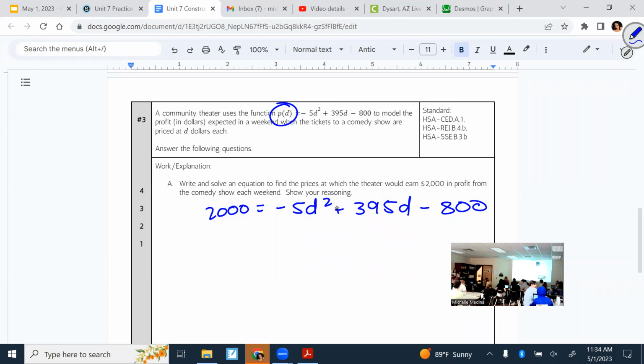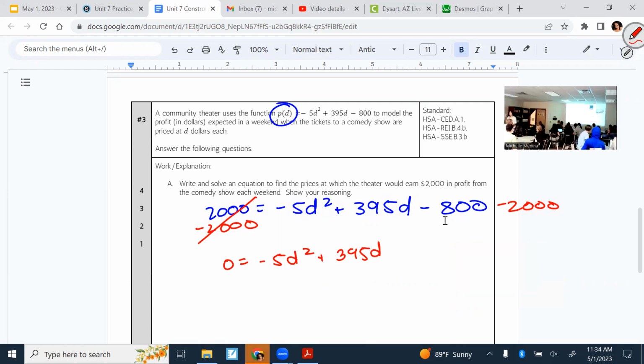Okay, if it's quadratic formula, what does it have to be equal to? How can I make 2,000 zero? Whatever you do on one side, do to the other. And combine like terms. What's -800 minus 2,000? -2,800.